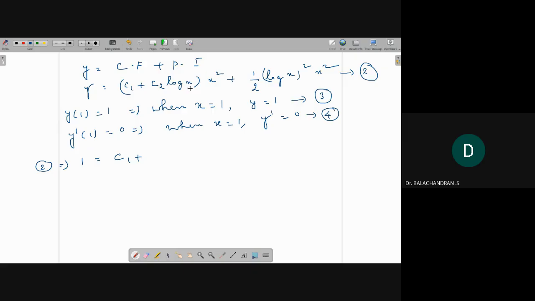So c1 plus 0 into 1 square, plus the last term is 0 since log 1 is 0. This implies c1 equal to 1.